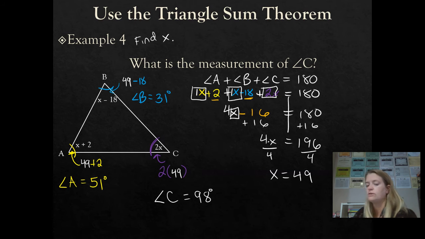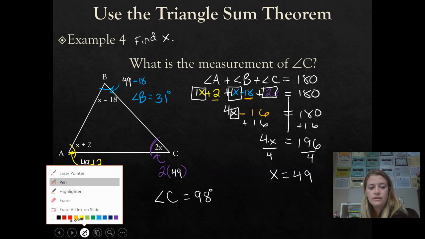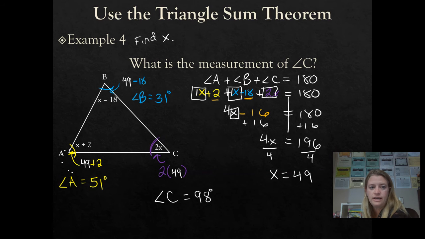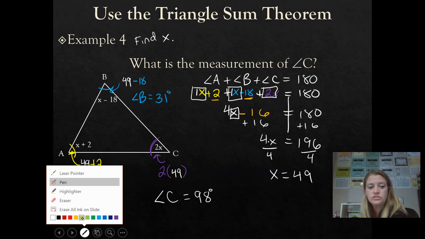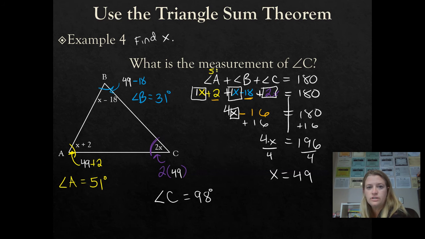Okay, and so remember the triangle sum theorem says that if we add up all of these angles, angle A, angle B, angle C, they should all equal 180 degrees. So after I've figured out all of these angles, you're going to want to go back and double check. Okay, this was 51 degrees.